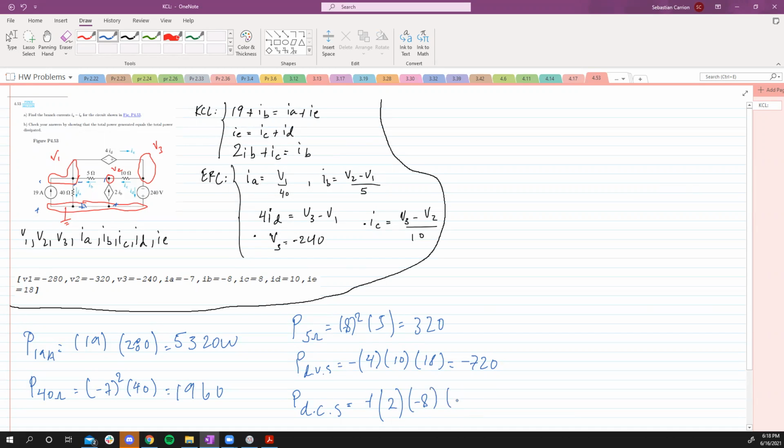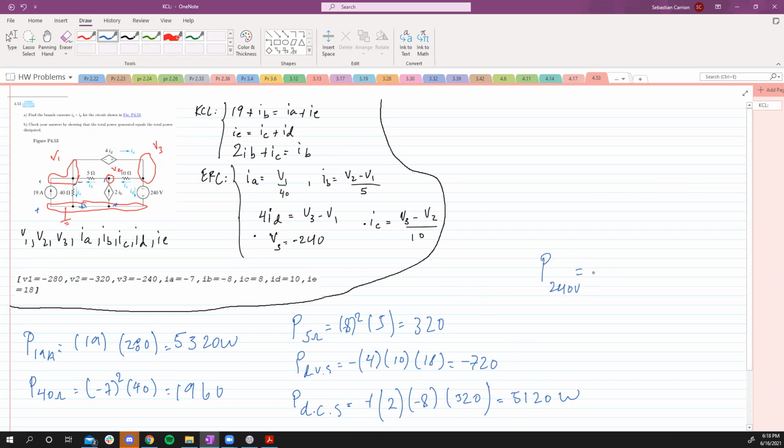It'd be 0 minus negative 320, so it'd be 320. So this would actually generate power. So 16 times 320 is 5120 watts.